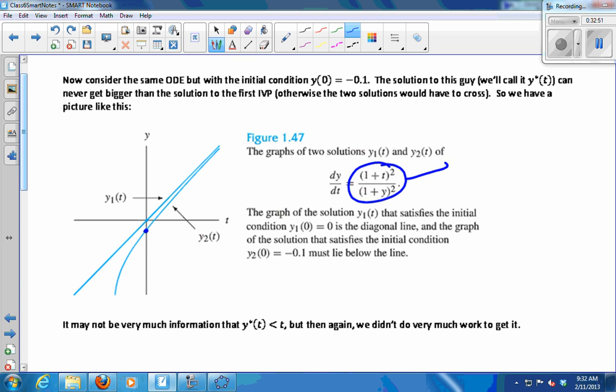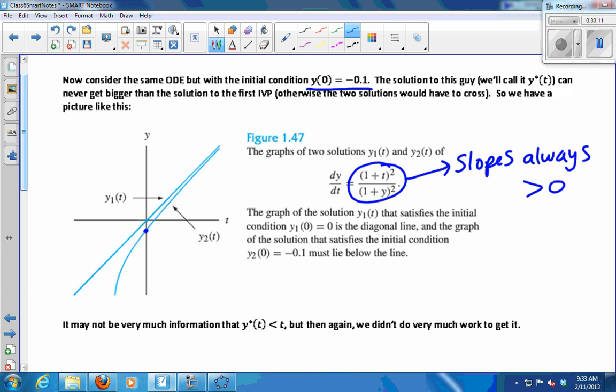So my slopes are always positive. So I know that the solution that has that initial condition is always increasing, but I know that it will never increase faster than y equals t, because I can't cross them.